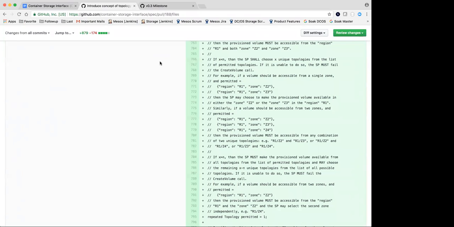Yeah, I still don't understand why the scheduler needs this to be a map. I mean, if you have strings like R1 and then R1/Z3, those are just distinct strings, right? They can both be in a set. A scheduler doesn't need to know that there's a slash in there and that one actually refers to a region and one actually refers to a zone.